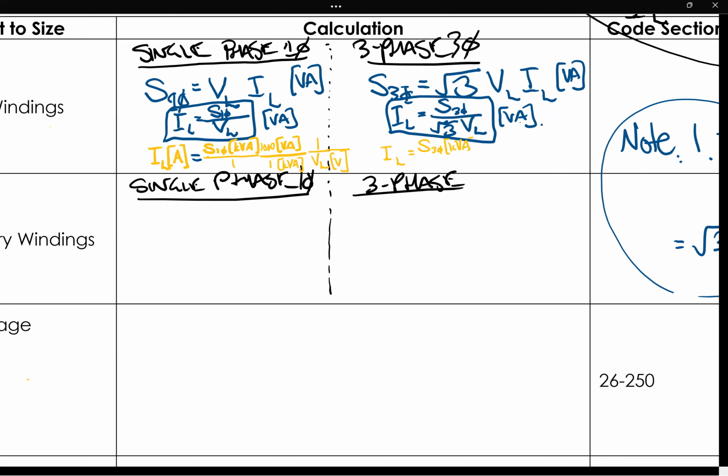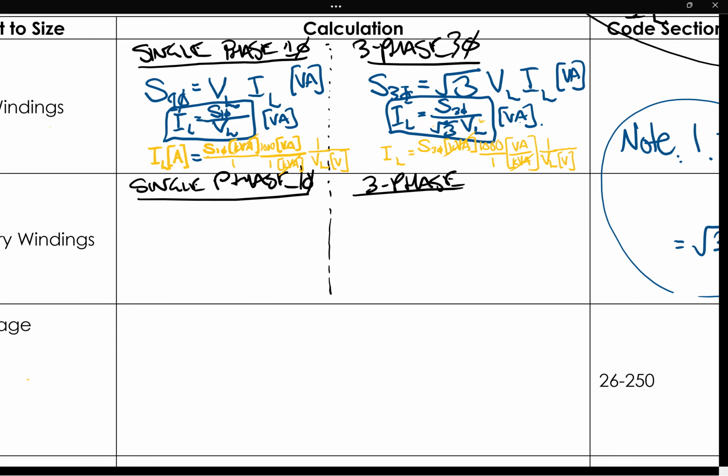Recognizing that they give it to you in kilovolt amps means that you want to cross these kilovolt amps out. I want only volt amps in the numerator. If I'm going to cross out these units, I have to have the ratio of 1000 volt amps in 1 kilovolt amp, because kilo means 1,000. I also need to divide by VL, so 1 over VL is how I'm going to show that in my math, and that's in volts.